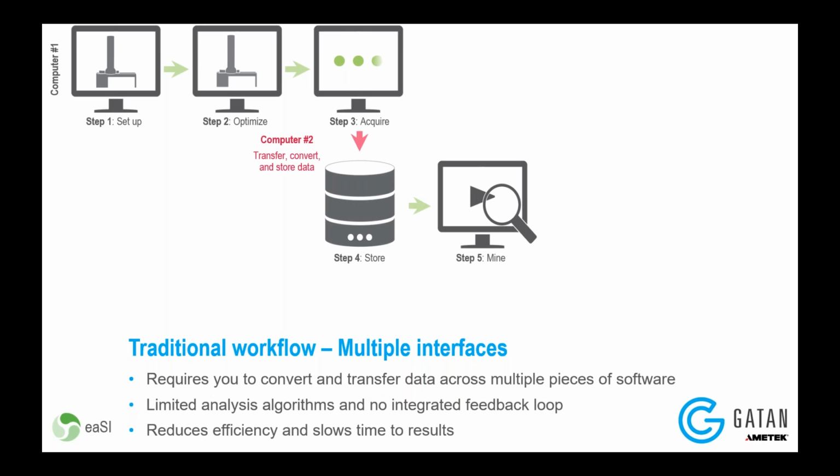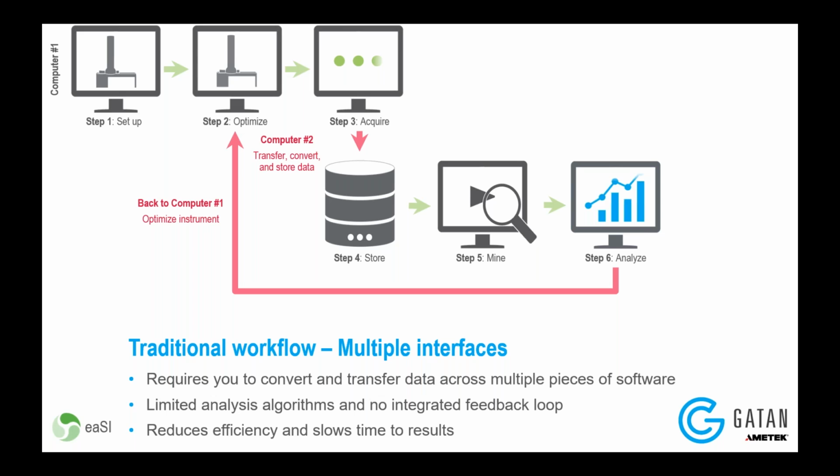You need to take that data, put it into a different computer to actually look at it, analyze it, and figure out if the data is good or not before going back to the original setup to re-optimize the experiment, recollect some data, and then finally transfer it somewhere else for long-term storage or management or further processing to put into a paper or a presentation.